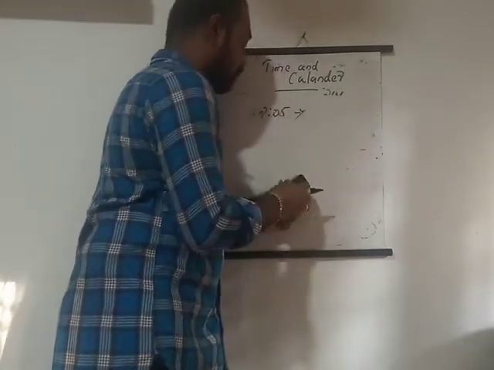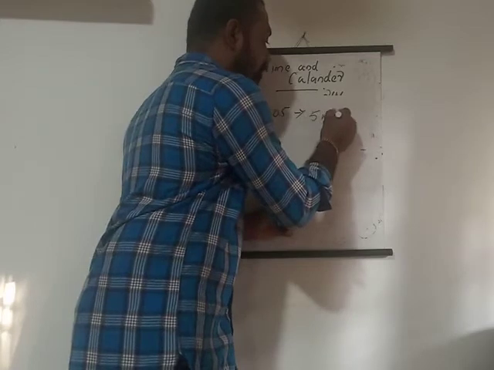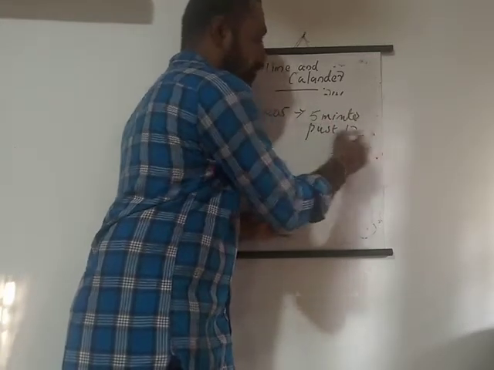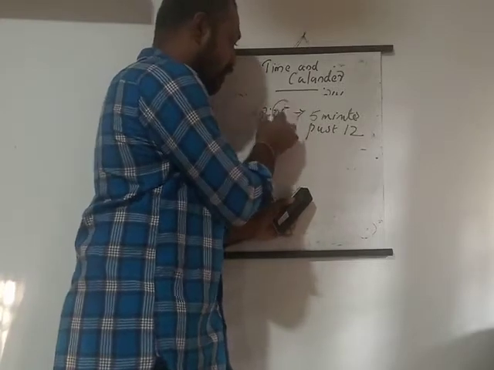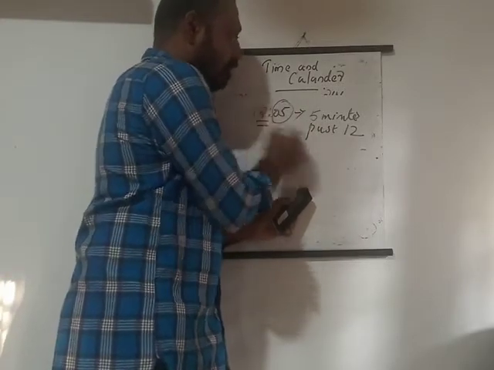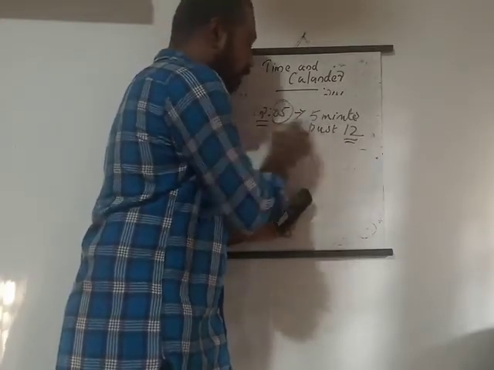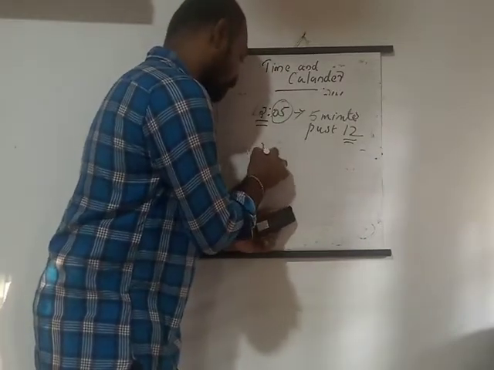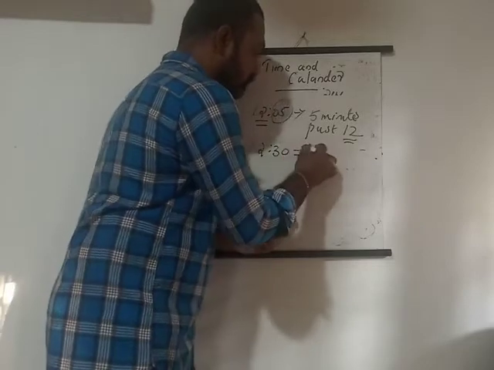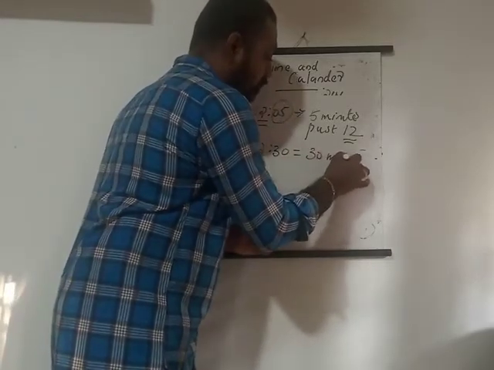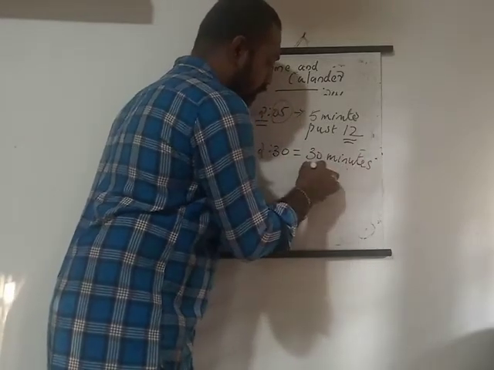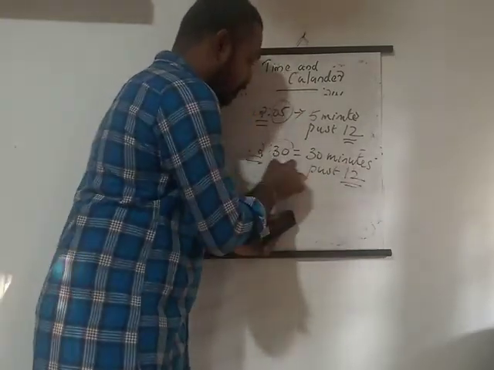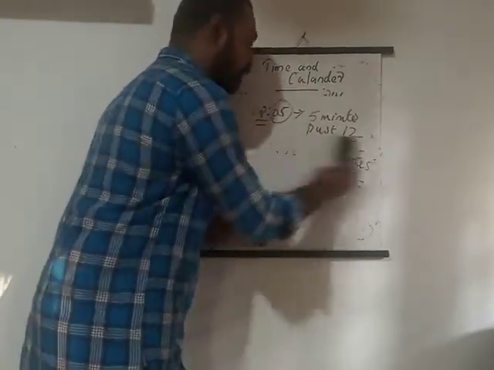This is 5 minutes past 12. 5 minutes past 12. That means after 12, 5 minutes is over. Okay, so how can we read this one? 12:30. This is 30 minutes past 12. This shows the hour, and this is the minutes. 30 minutes.